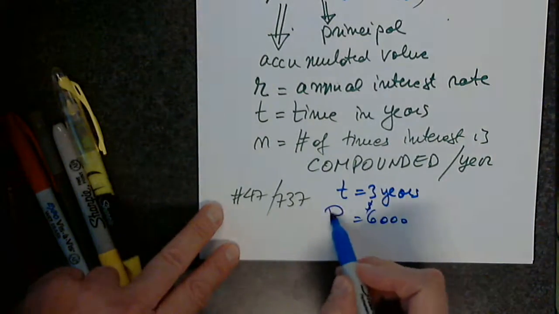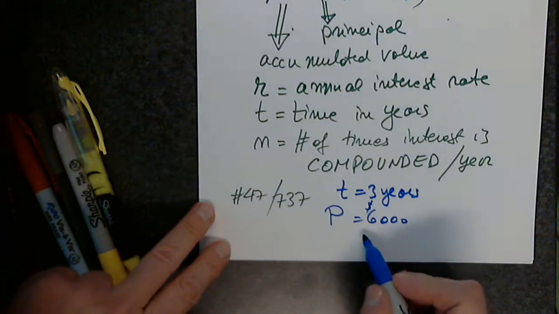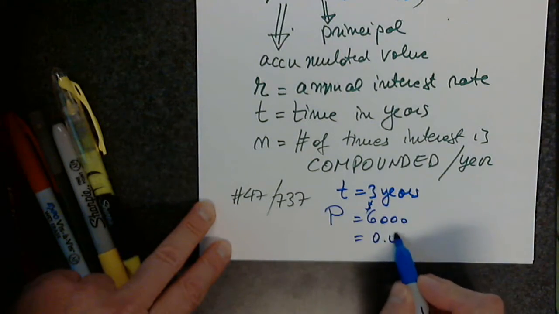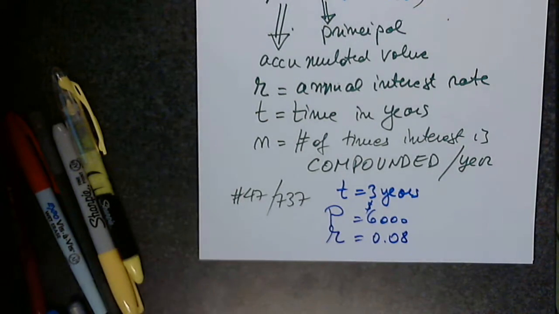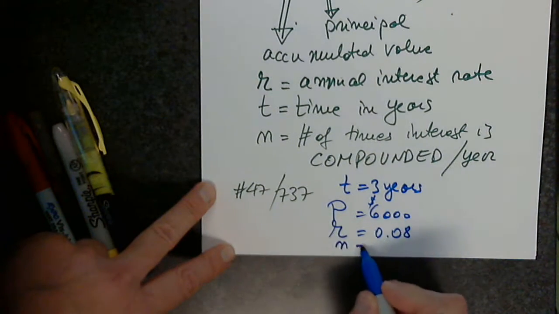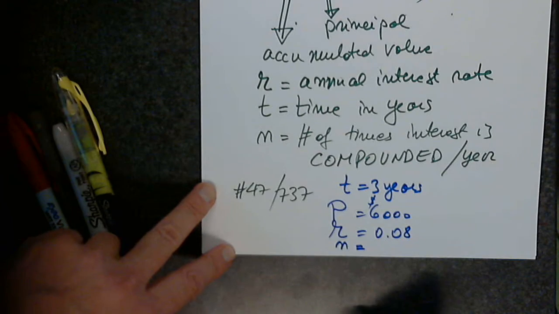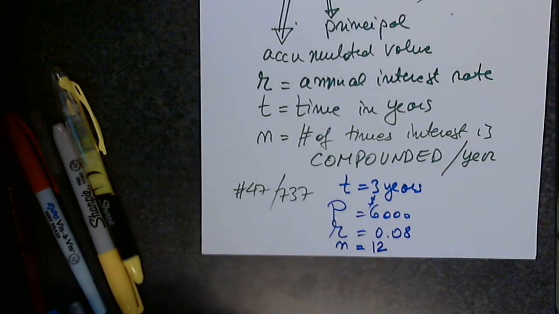P. It's what she takes out or what she deposits. At a rate of 8%, what variable is the rate of 8%, which has to be replaced by 0.08? Little r, very good. Compounded monthly. How much is n? How many months are in a year? 12. So we have t, which is 3.